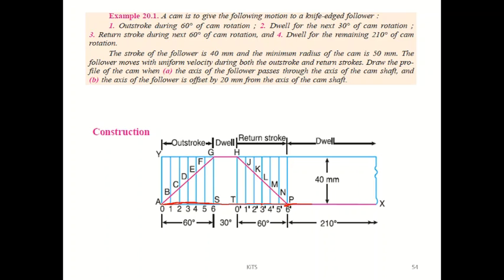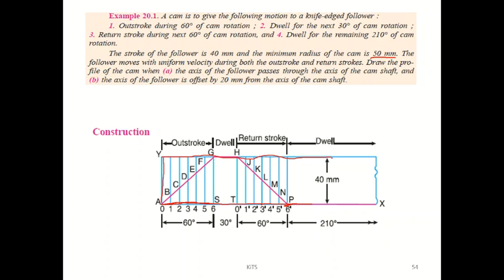Then draw a vertical line for the height of 50 mm, that is 5 centimeter, because they gave 50 mm. Then draw the same 18 centimeter horizontal line again here.